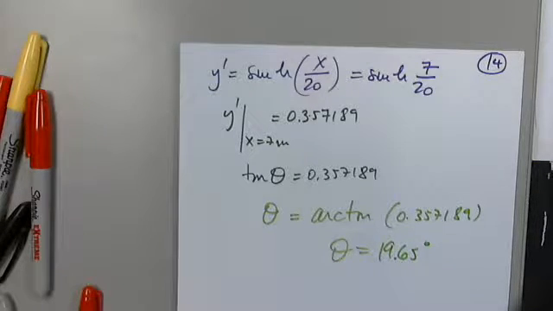Is this clear? Make sure your calculator is in degrees. Otherwise, what you get is in radians, and you can change it into degrees, no problem. Is this okay? Okay.